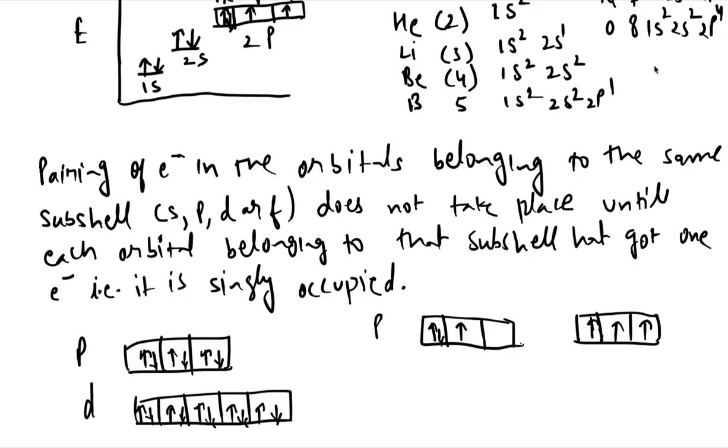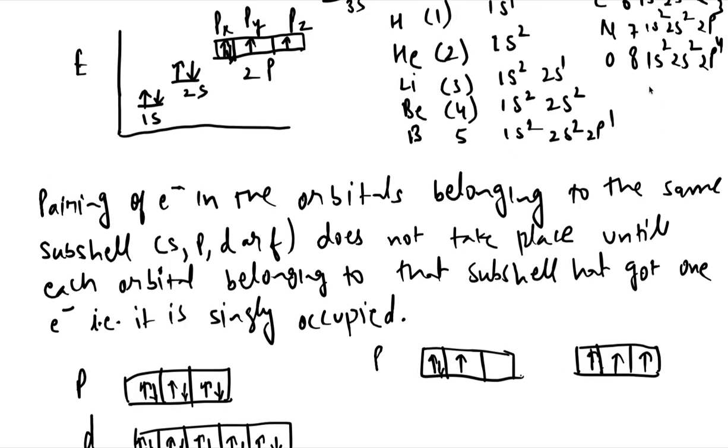Especially in the case of nitrogen, we have the configuration 1s2, 2s2, 2p3. So for the p orbital, we have 3 electrons. We can arrange 3 electrons like this or like this, right? Out of these two combinations, it has been found that this has a lower energy as compared to this combination. So through Hund's rule of maximum multiplicity, we try to achieve the minimum energy configuration. All right.